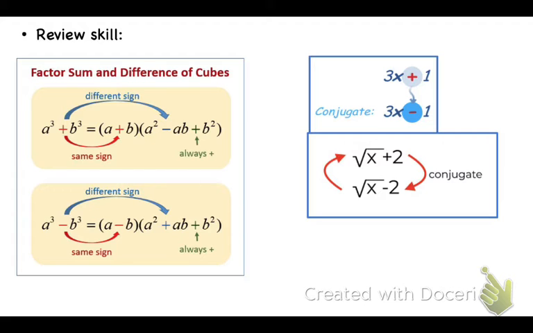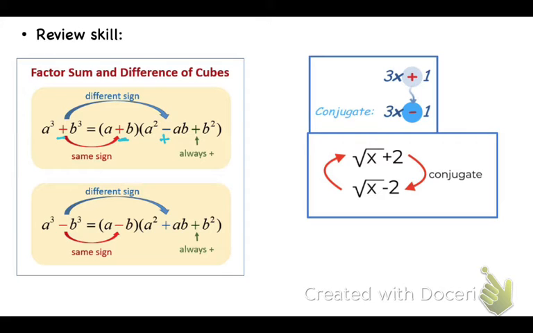Last year, all we did is write the same thing and put a minus down here, and then a minus here, and then a plus here. I wouldn't waste my time rewriting it twice. You guys need to remember factoring sum and difference of cubes. It comes up. It's important.